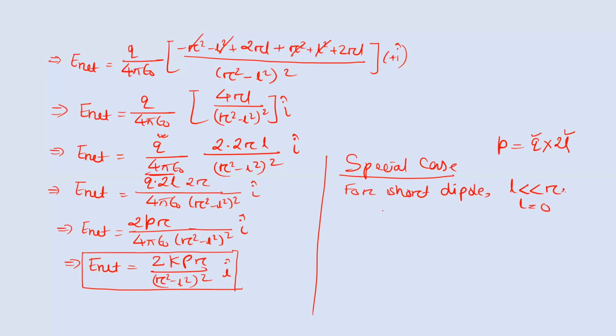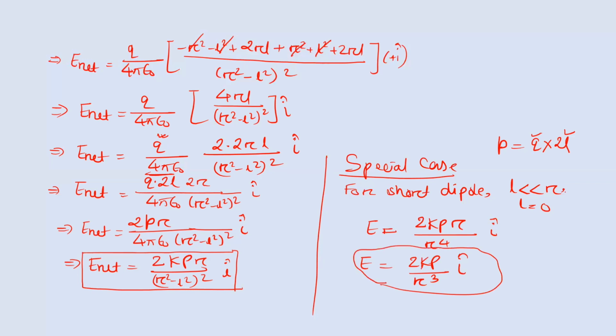We will ignore the value of L, and we will get the electric field E to be equal to 2kpR divided by, if you make L 0, R square squared, so it is R to the power 4, with I cap. So you can write E is equal to, this R will cancel 1 R from here, so you will have 2kp by R cube, I cap. So this is the electric field intensity for short dipole on the axial line.